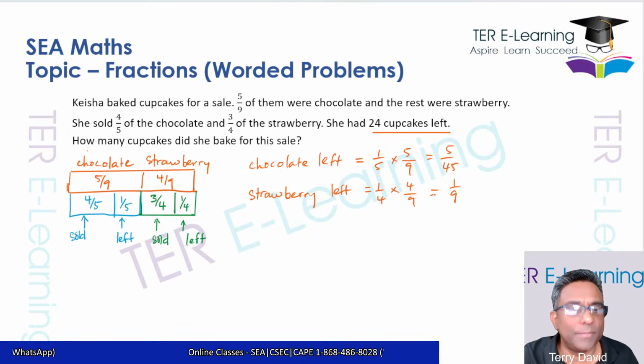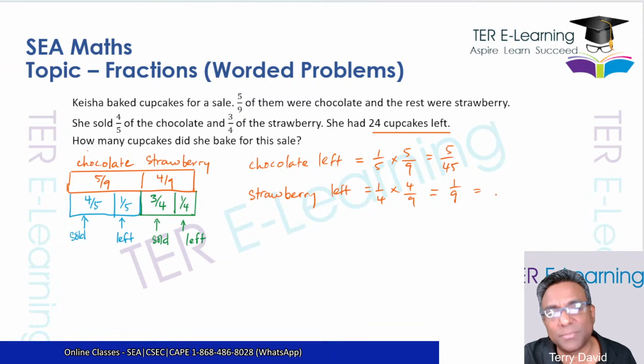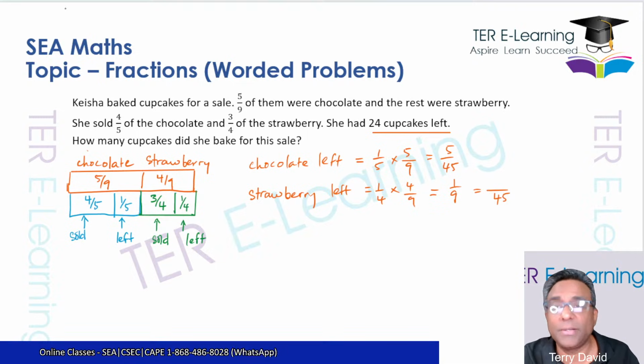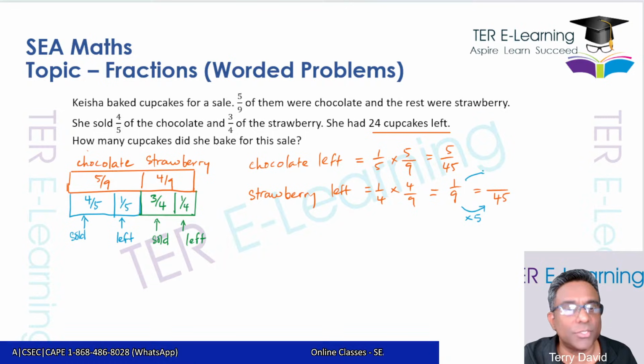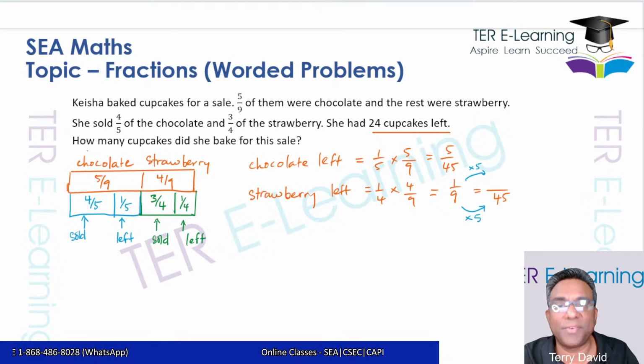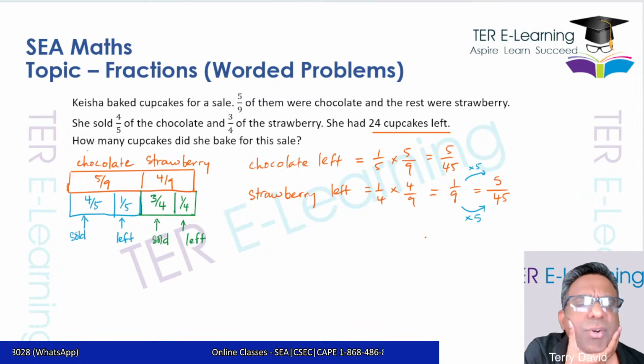Now I want to work out the total fraction that is left. So we have 5/45 for chocolate, and we have 1/9. Let's write this 1/9 as something over 45, an equivalent fraction, to allow us to add these more easily. 9 times 5 will give us 45, so we have to do the same thing on top and multiply by 5. Therefore 1 times 5 will give us 5. Does that look correct? Make sure.